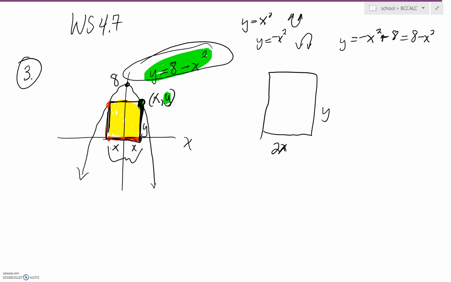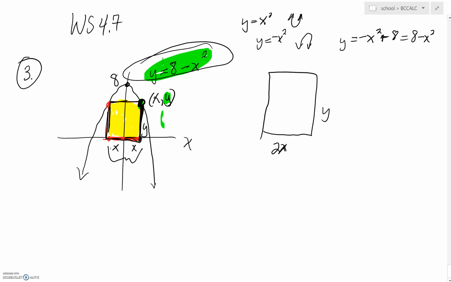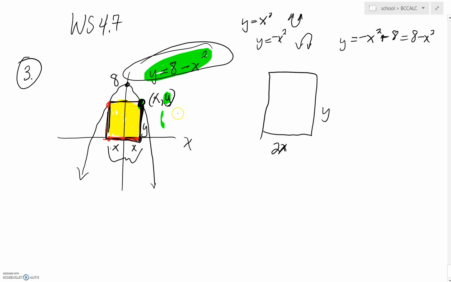So what's so super important, and this type of thinking is going to help you down the road, is this point is really x comma, and of course we could write that as y, but just as well we could write it as x comma 8 minus x squared, because our y value is that. So our y here is 8 minus x squared.